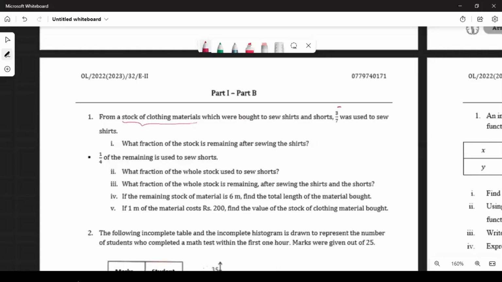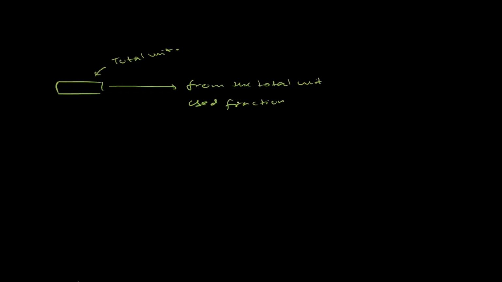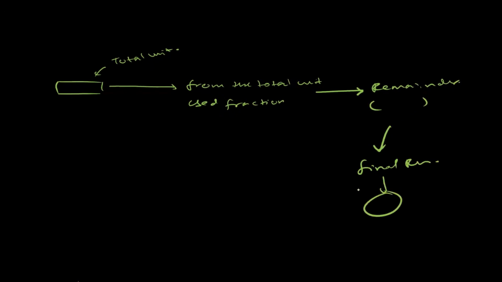Here 3/7 was used, from what? From the total unit. Then they will develop the question further from the remainder. From the remainder they will use some fraction, and then from the final remainder they will develop the question further.